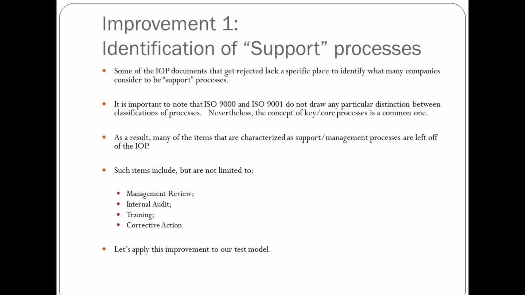Now, as a result of that, there are times when those support processes get left off of the IOP. So they're still part of your quality system, but because they are in a supportive role, you've left them out. So those types of things, what are we talking about? We're talking about management review, internal auditing, training, corrective action. So let's see if we can find a place for those items on our IOP model.